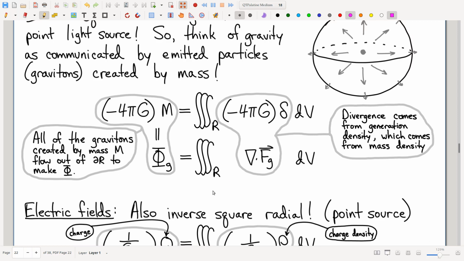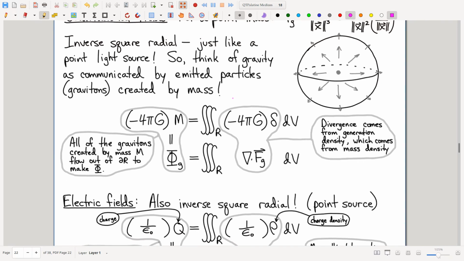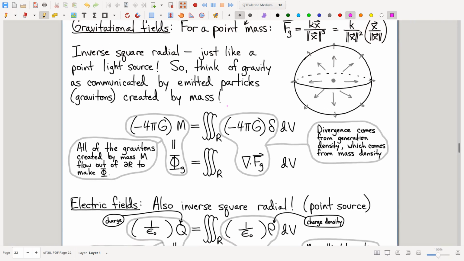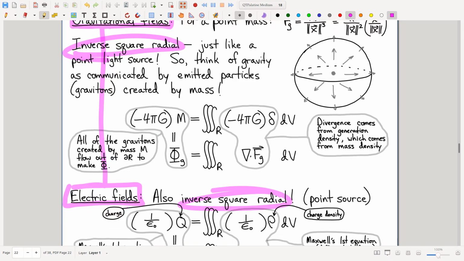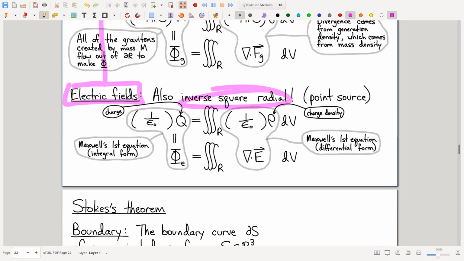And the reason why is that this is the perfect metaphor for electric fields. Electric fields and gravitational fields are both inverse square radial. And that means that they behave exactly the same way, except for constants and interpretations and stuff. But the math of electric fields is down to everything but a constant, exactly the same.